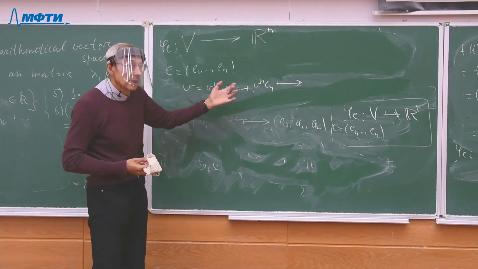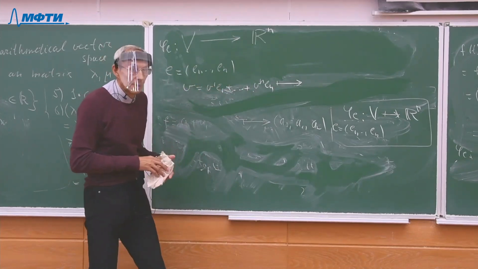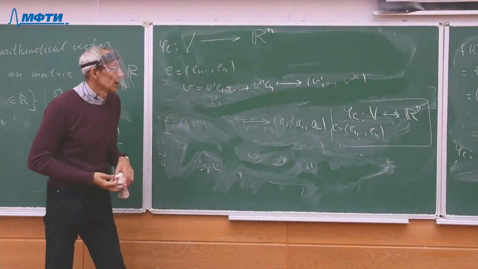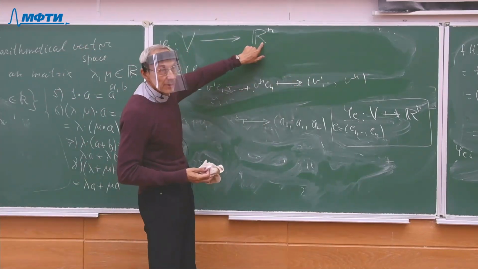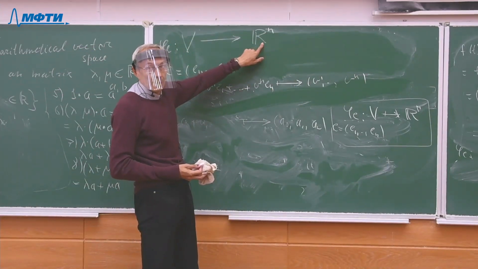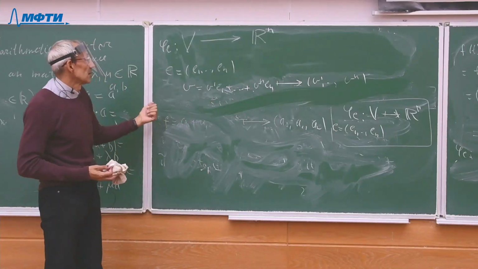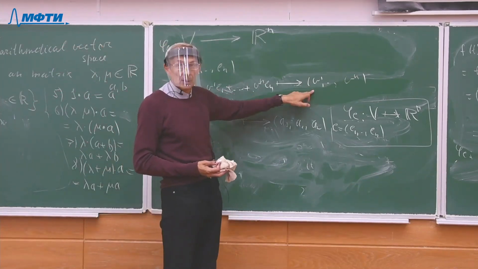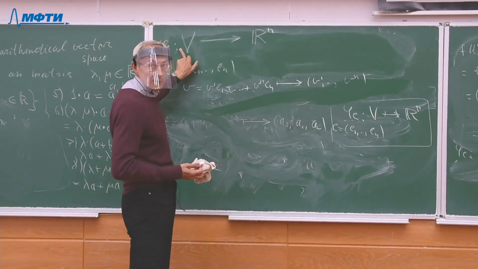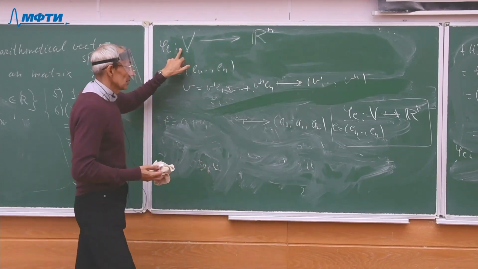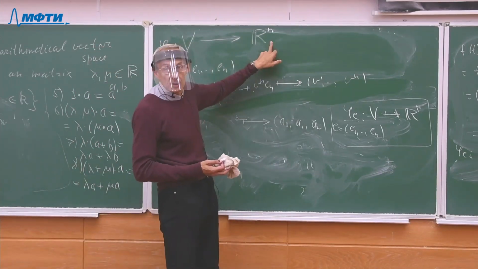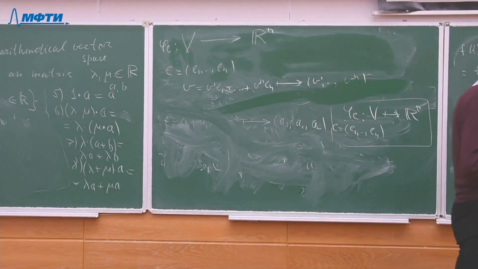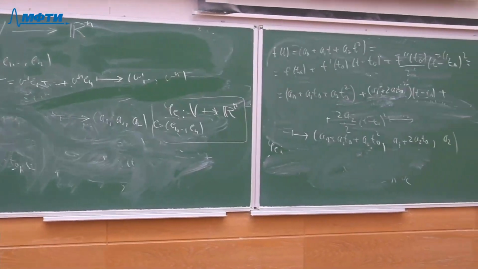These coefficients form some n-tuple, and this n-tuple is an element of the arithmetical vector space. So I define the correspondence which starts with an arbitrary vector v and obtains some n-tuple. So I replace the arbitrary vector space by the arithmetical vector space.